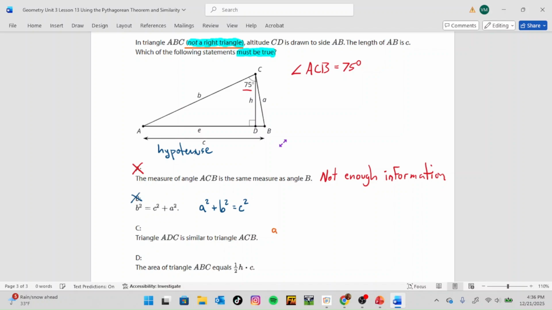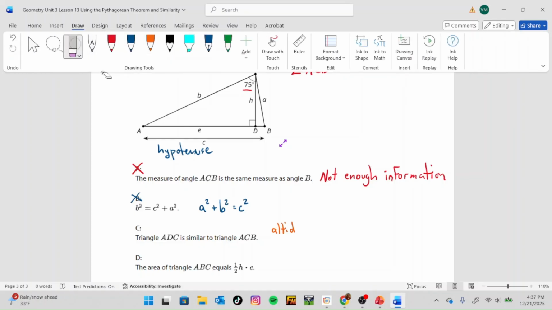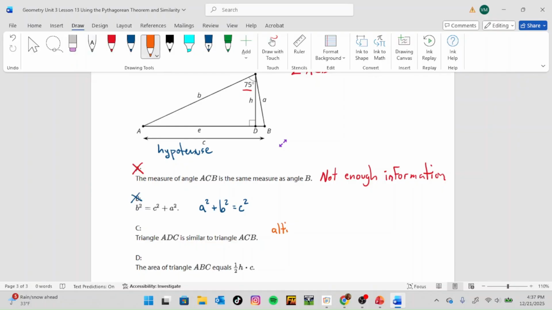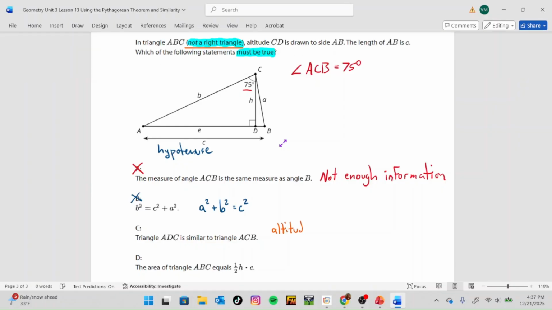So altitude creating similar triangles only works with right triangles.